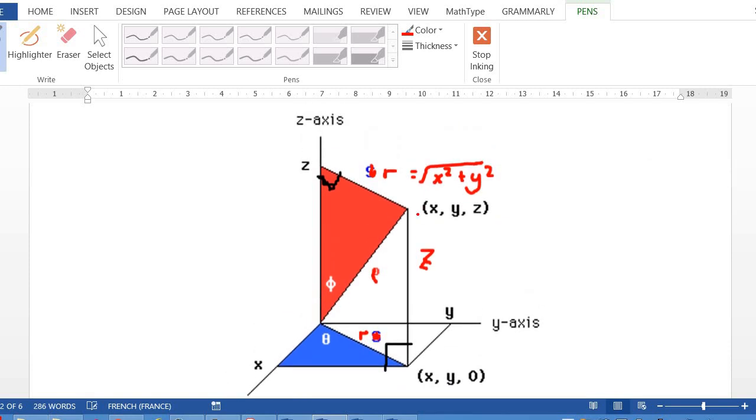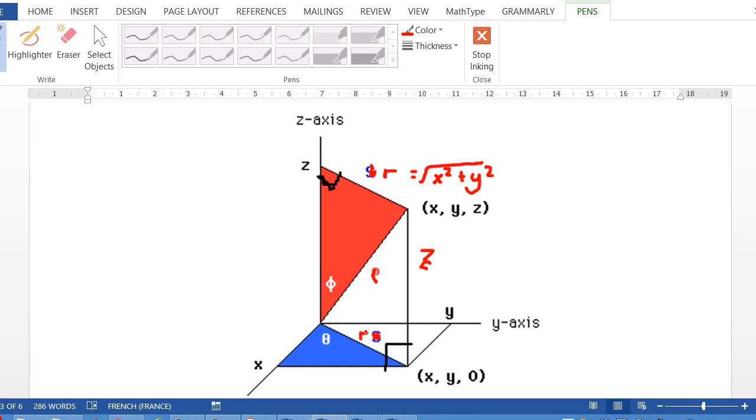So this is a distance r that we are going to find, and we notice that when you project it down, this is r on the xy plane.